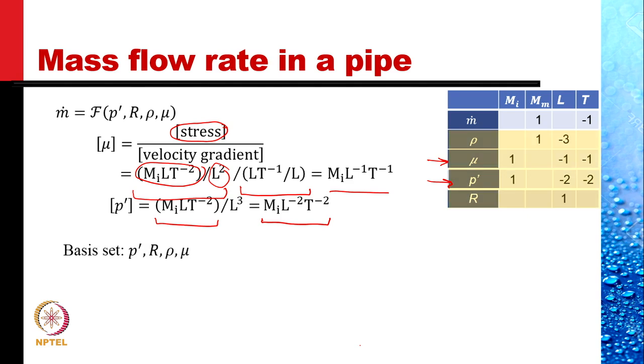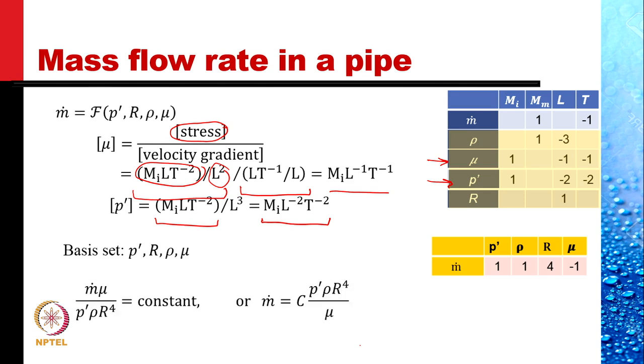Now there are 4 dimensions. So the basic set would consist of 4 parameters with a yellow tint. And so we are left with only one other parameter, the dependent parameter. And we can easily construct the non-dimensional parameter with m dot as m dot times mu divided by p prime rho r raised to power 4.